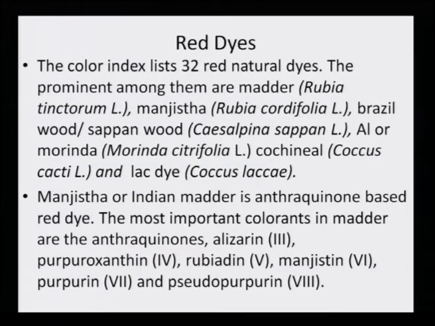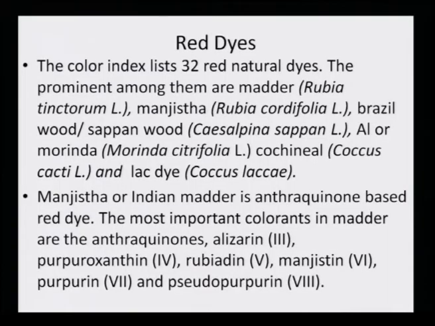Red dyes. Now, let us try to look at the red dyes. The Color Index lists about 32 red natural dyes. I will come to the Color Index in a while, but for the time being, just understand that the Color Index is a kind of cataloging numbering system.